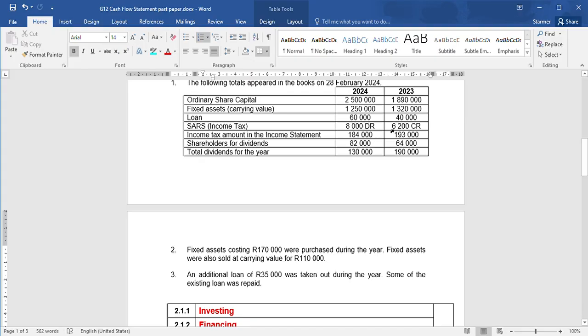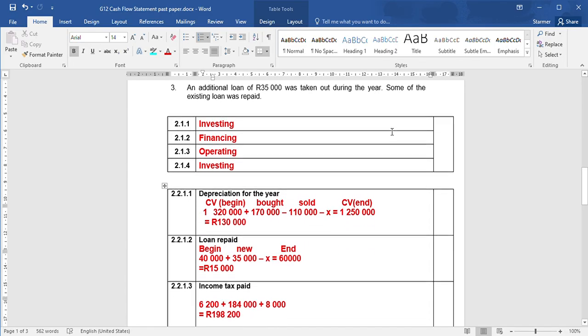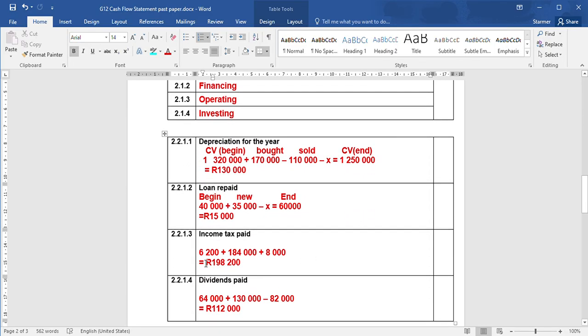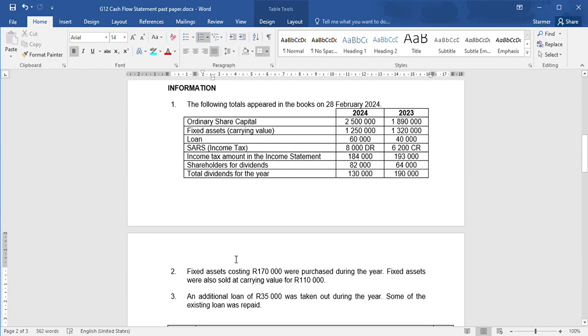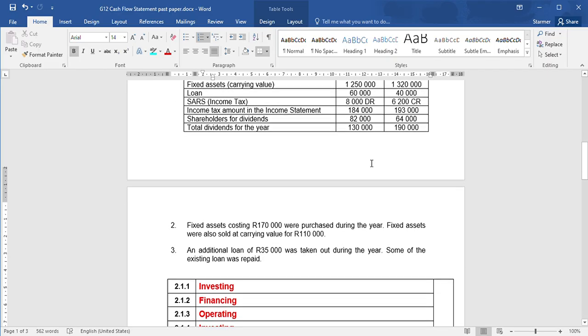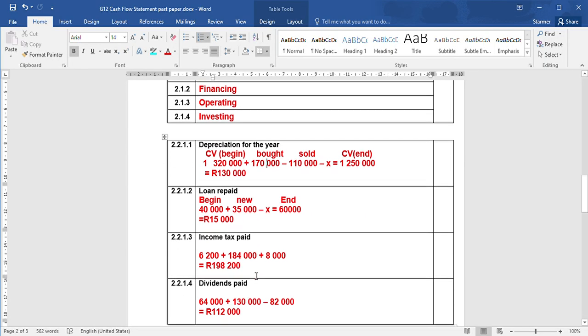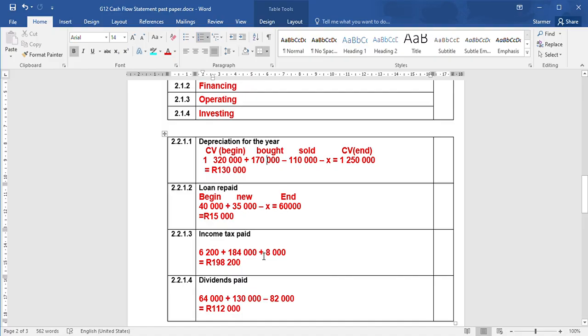If it's credit, it means it's a liability, so we're going to pay that at the start of the year. So that's the first amount that I start off with, 6,200. They then tell you that the income tax amount in the income statement for the year was 184,000. So that is what we should have paid, so we add that 184,000 Rand on.